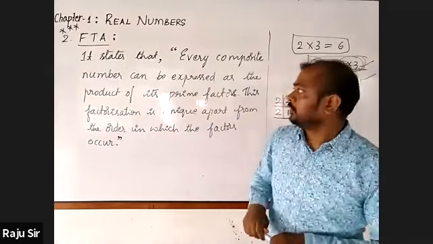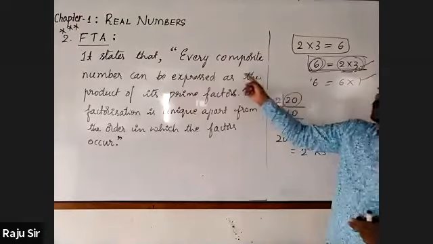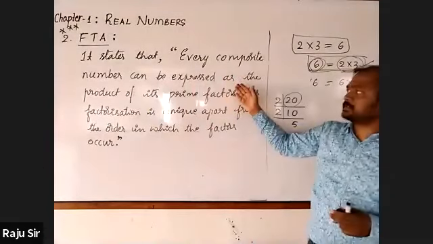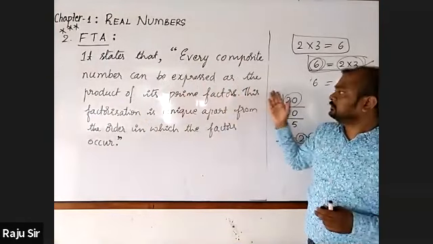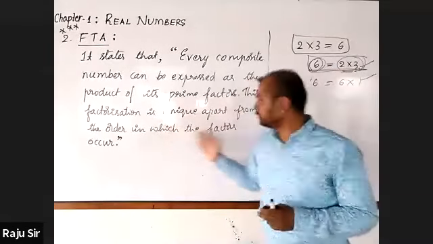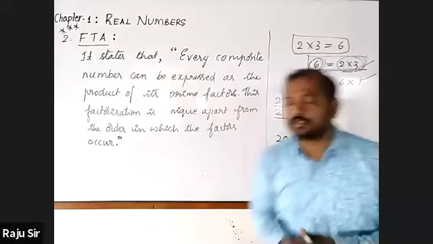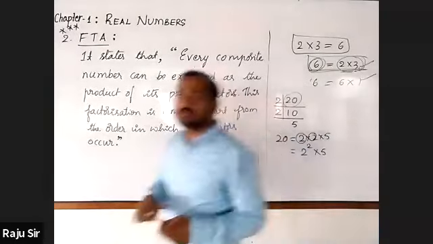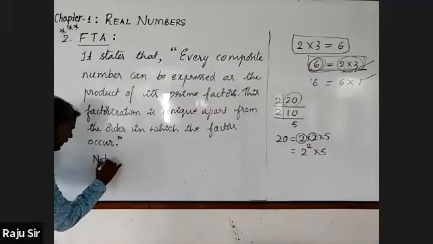Please go through the given statement once: every composite number can be expressed as the product of its prime factors, and this prime factorization is unique apart from the order in which the factors occur. Then just below that, in a note, write just two points.